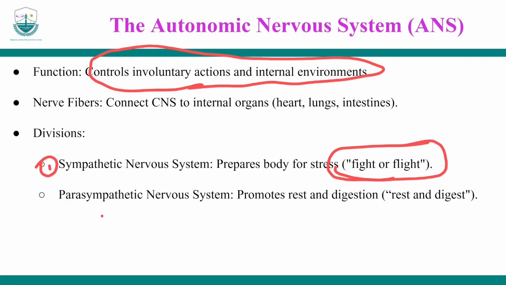And then if that stressful condition or situation is not there, then it is the parasympathetic nervous system that actually takes control. It is ensuring that you are calm and you are not restless.